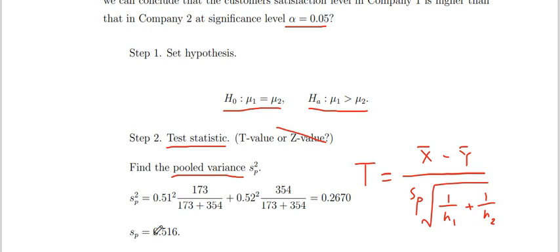So 0.51 squared is one variance, and 0.52 squared is the other. The weighted average is weighted on what? On the degrees of freedom.